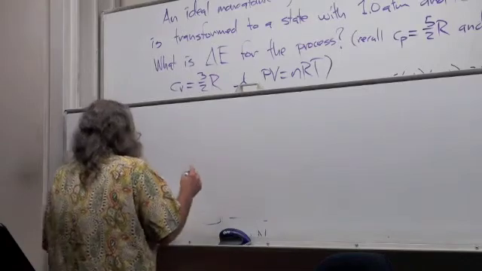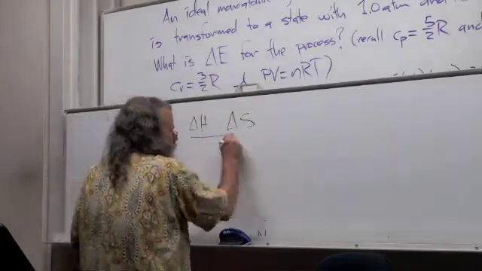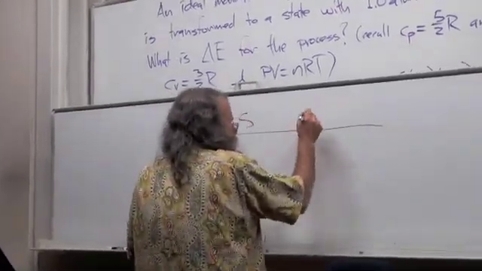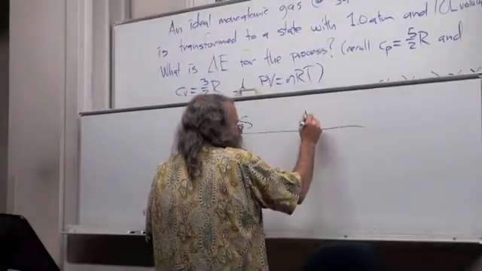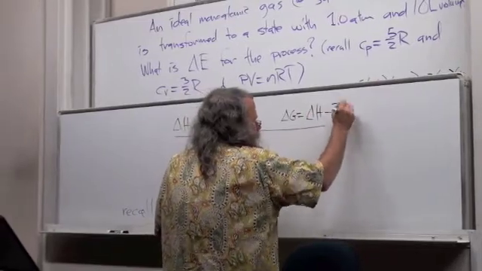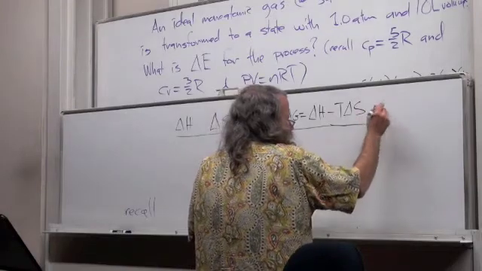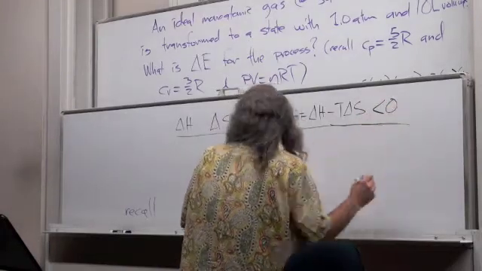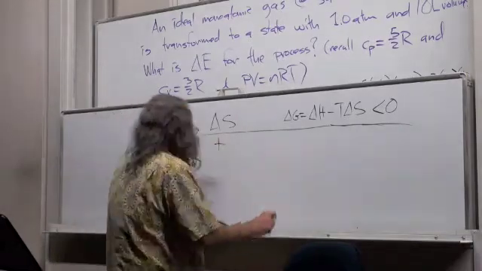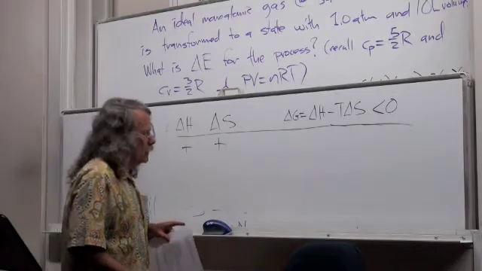Okay. Delta H, delta S. Remember this table we wrote out: delta G, which is equal to delta H minus T delta S, and this is less than 0 when? If this is positive and this is positive, under what conditions is this going to be negative?